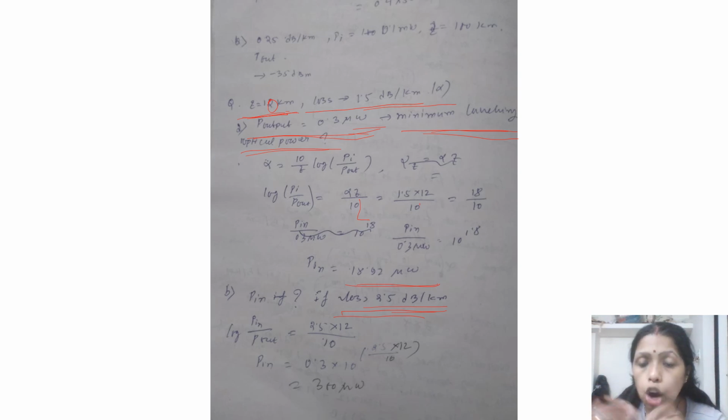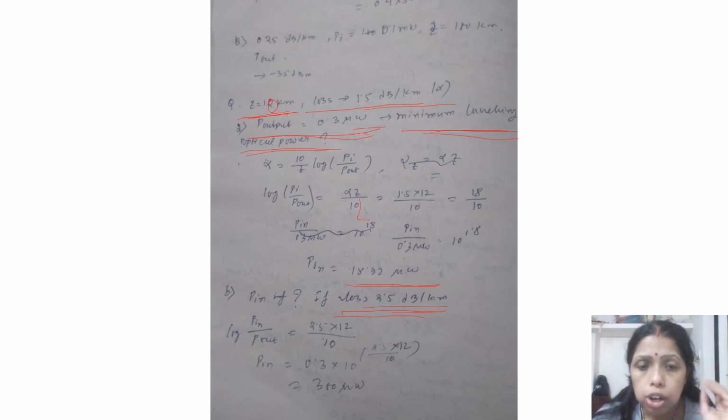So how much input power was launched inside this fiber? How can you calculate? Again the same formula. P in you have to calculate, P out you know 0.3 microwatt, and loss alpha and the length, everything you know.